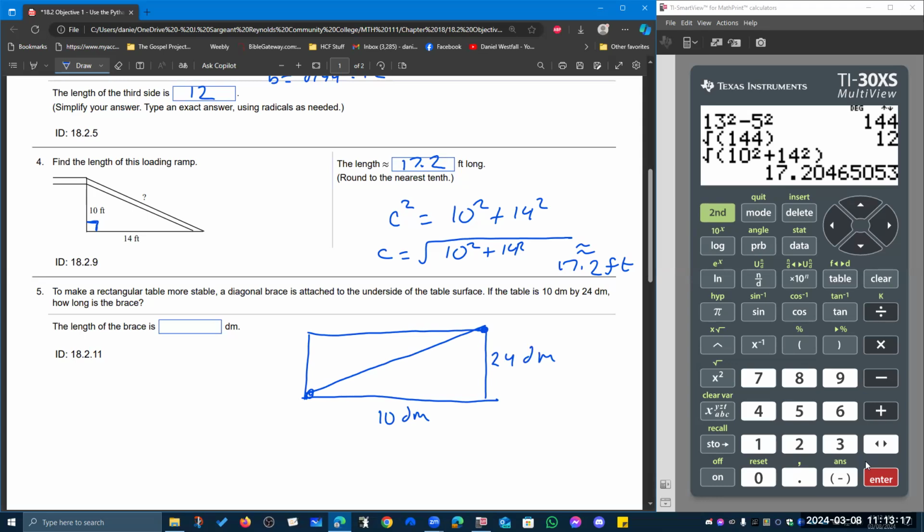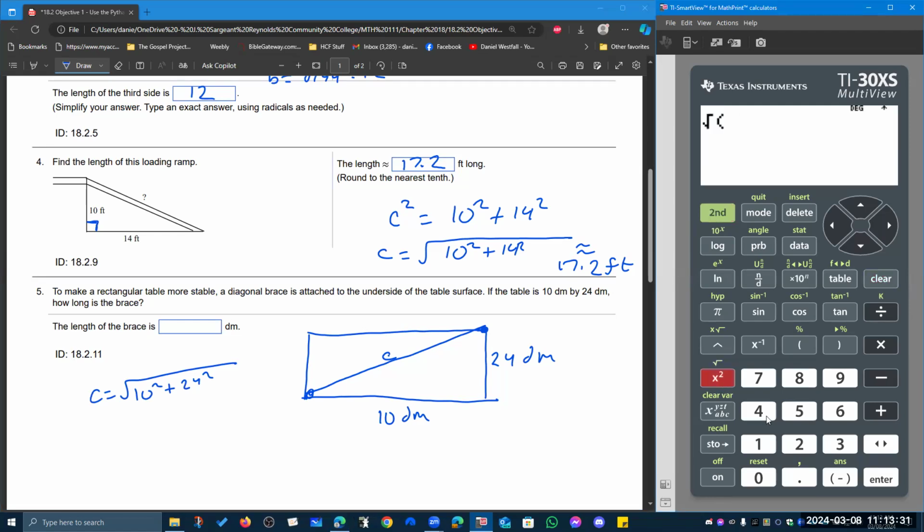Then this distance here is the square root of 10 squared plus 24 squared. And it's going to be 26.